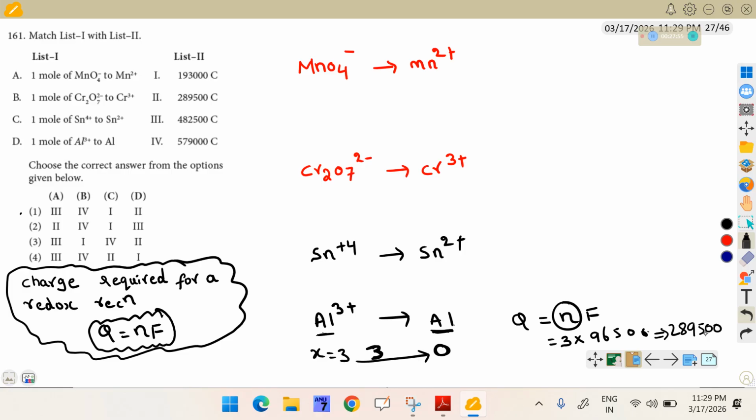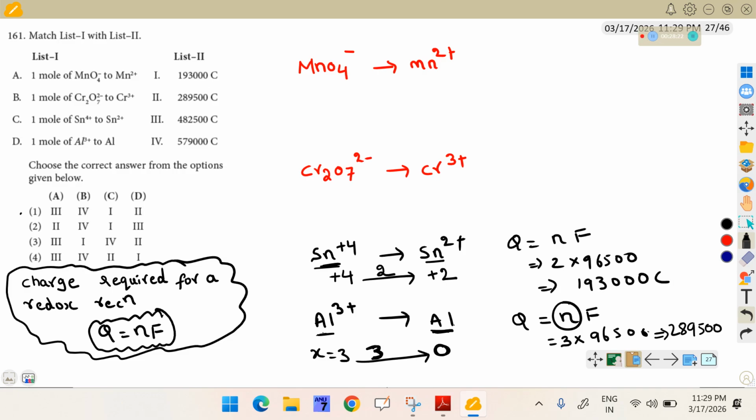Then the value is 289500 coulombs. Here Sn4+ is converted to Sn2+. The oxidation state of Sn is +4, and on the product side the oxidation state is +2. The oxidation number difference is 2. Q equals n into F: 2 into 96500, that is 193,000 coulombs.